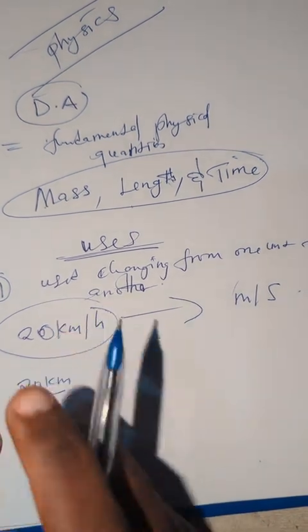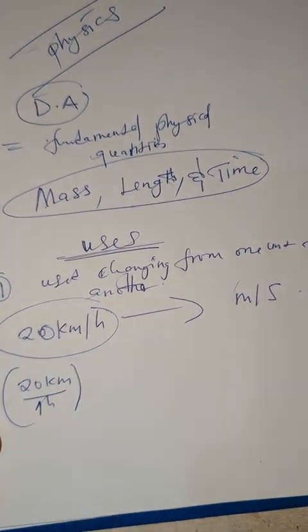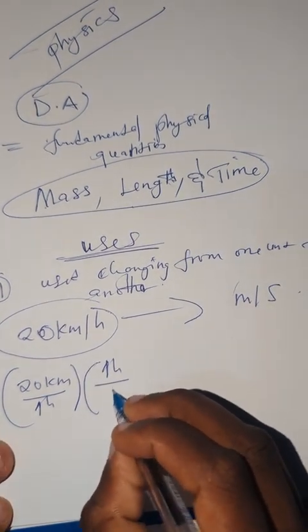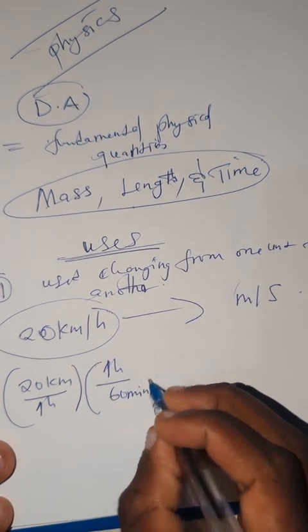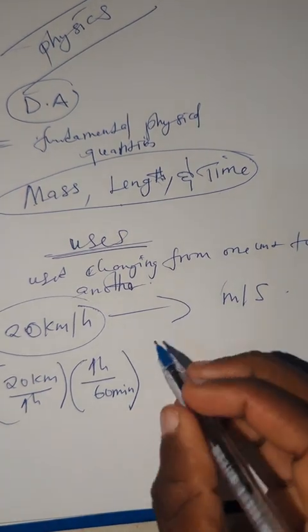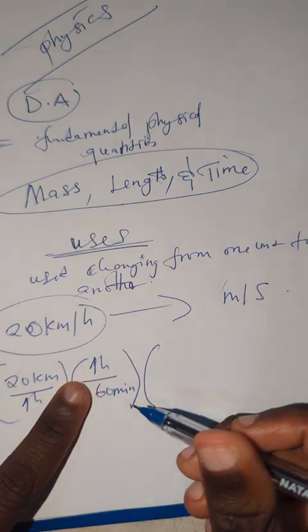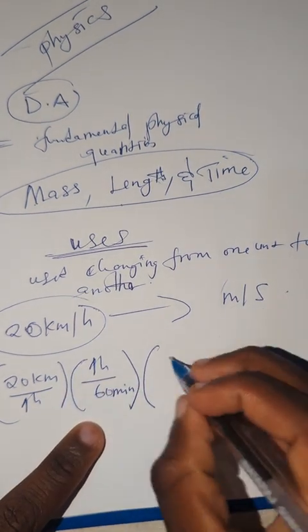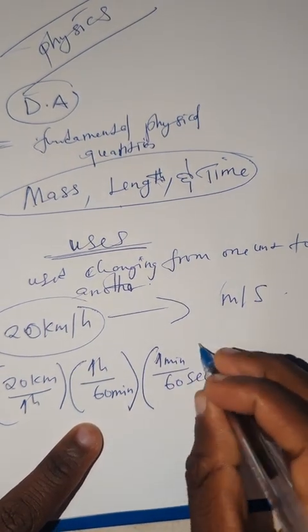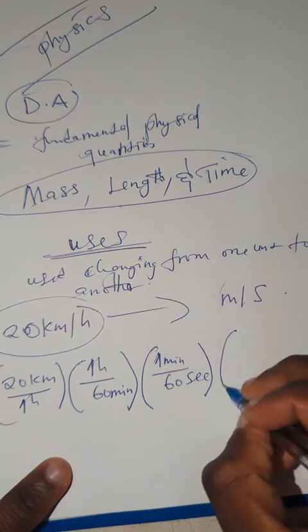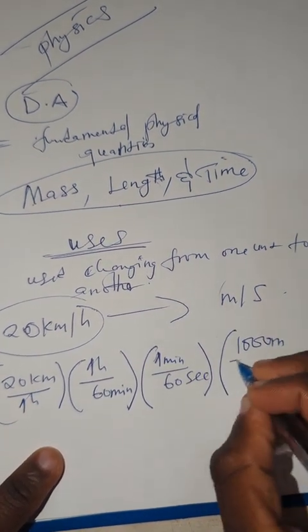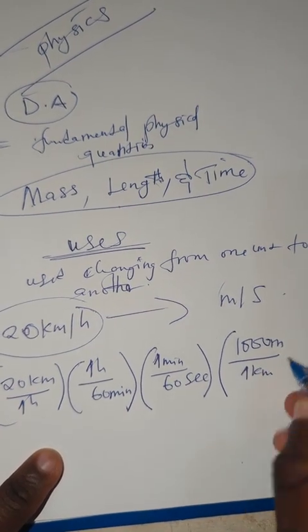We know 1 hour is equivalent to 60 minutes, and 1 minute is 60 seconds, and we know that 1,000 meters is equivalent to 1 kilometer.